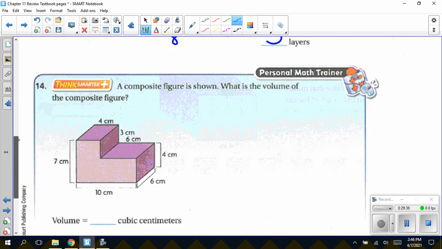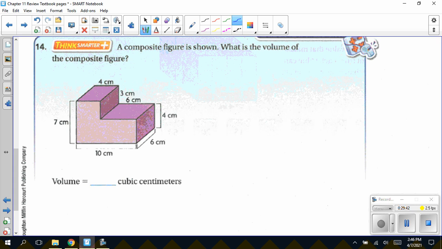Moving on to question number 14, we have another composite figure. Again, however you choose to cut this prism up is up to you. I'm going to try and make it so that there's not as much work that I'm going to have to do to figure out my missing numbers. So for me, I notice that it's probably going to be best if I break them where I have a little box on top of a bigger box.